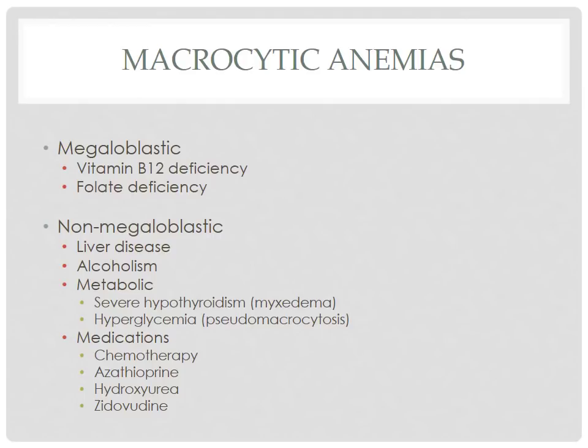And for megaloblastic anemias, megaloblasts are large, immature red blood cells that have problems with DNA synthesis. So in these cases, the most common ones will be vitamin B12 or folate deficiency. And then the non-megaloblastic anemias, so they don't have megaloblasts, are usually caused by things such as liver disease, alcoholism, some other different metabolic issues, or different medications.